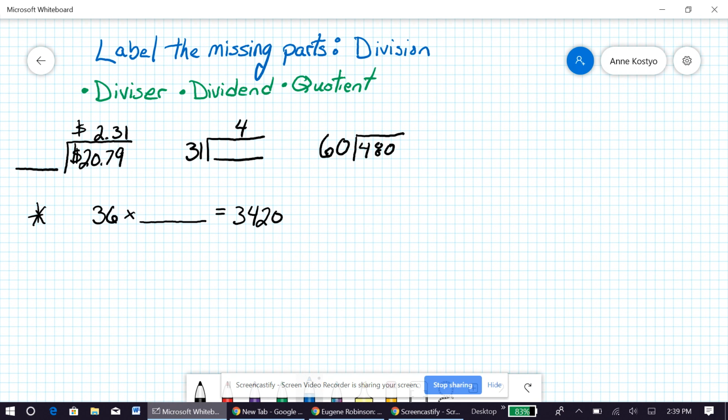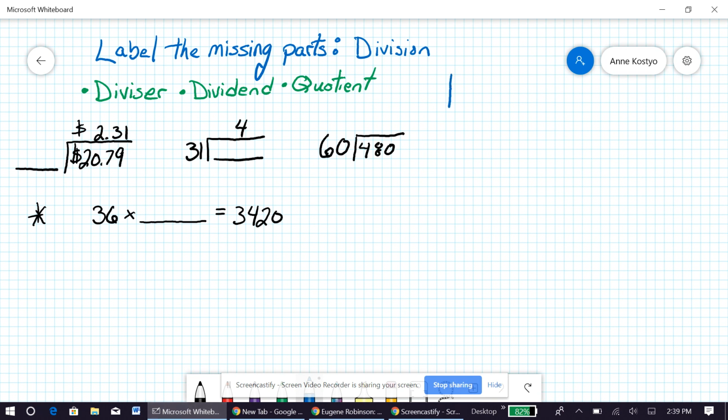If we look at the first problem, we've got something divided by $20.79 that gives us $2.31. So we are missing something, but we have to figure out what we are missing.